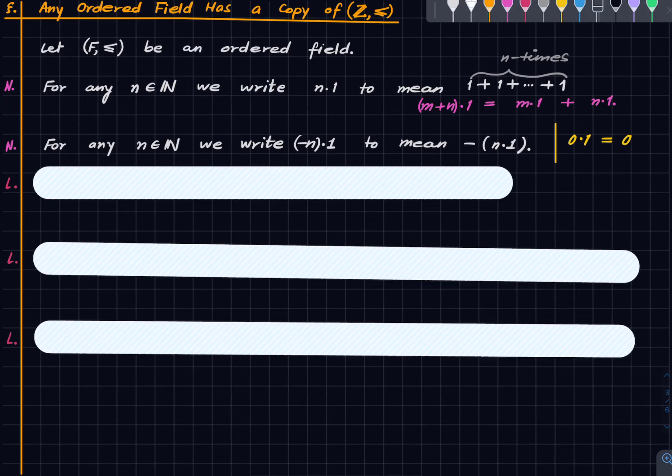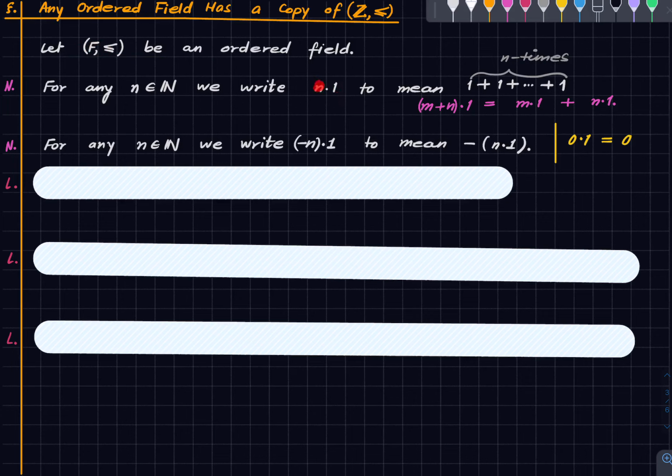So I should have said this 1 refers to the multiplicative identity of the field. Do not confuse this with the natural numbers. Well, even if you do confuse it with natural numbers, it is not wrong, but then we will be talking about something else. So this is the multiplicative identity of the field, and this is therefore an element of the field.